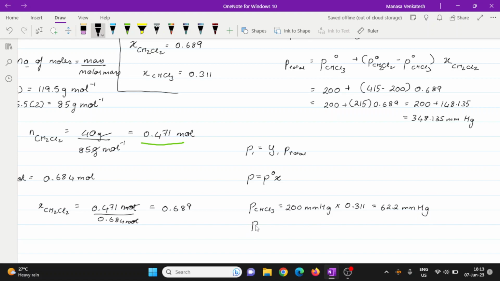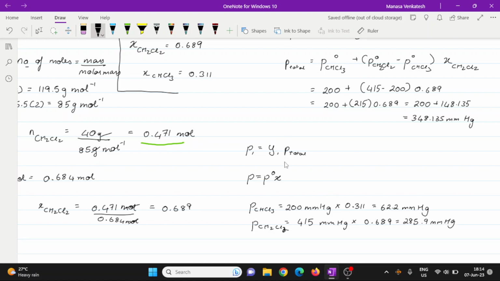The next one will obviously be for the dichloromethane, CH₂Cl₂, equal to 415 mmHg into the mole fraction, which is 0.689, which is again equal to 285.9 mmHg.